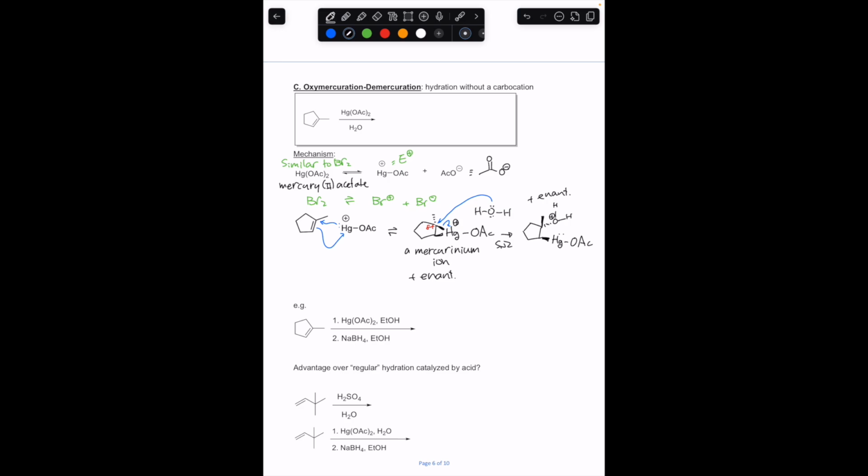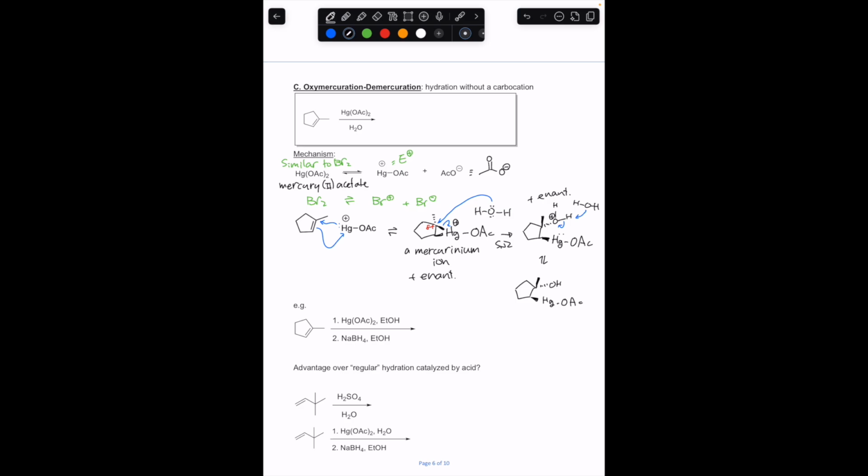Now, we could show, I guess we'll show it, using a solvent to remove that extra proton, so it's not charged anymore. It'll be like that. Now, what happens at this point?